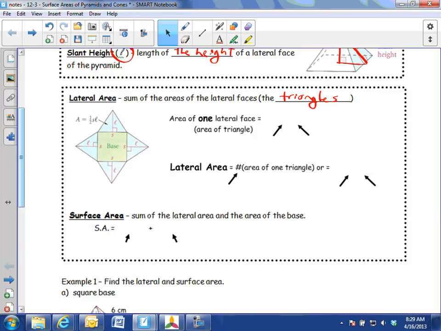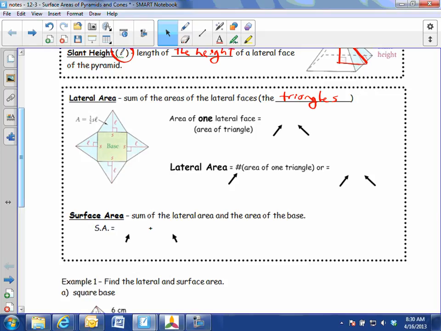How do we find the area of a triangle? Area equals half times base times height. Okay? So if I fold this guy back up, and I want to find the height of the triangle, not the pyramid, the height of the triangle, what would it be? The slant height. Okay, the slant height is going to be the height of the triangle, and then the base is going to be our base edge.